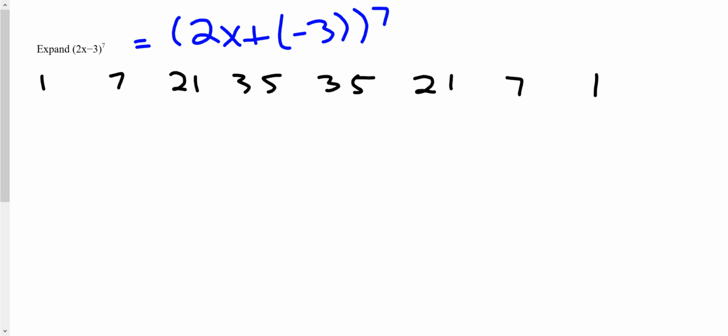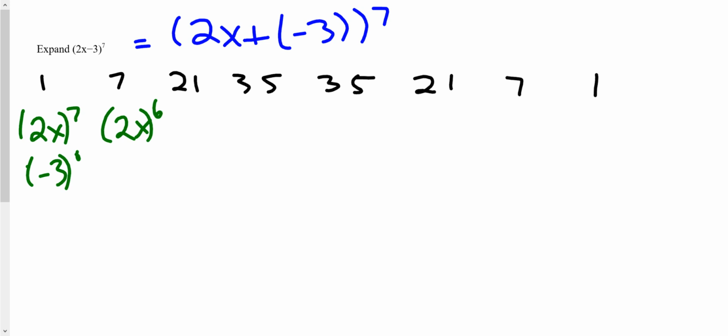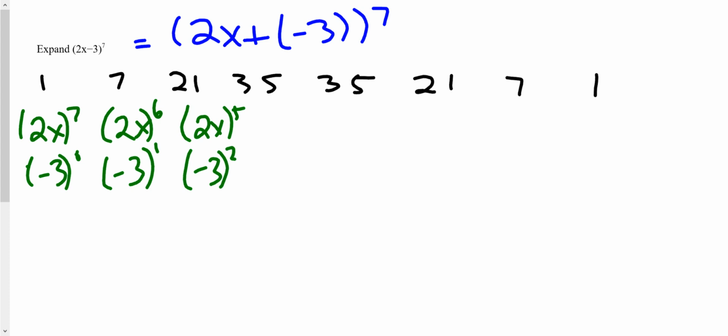So I'll have 2x to the 7th, and then I'll have -3 to the 0. And then for the next one, we've got 2x to the 6th, and then -3 to the 1st, 2x to the 5th, -3 to the 2nd, 2x to the 4th, -3 to the 3rd.